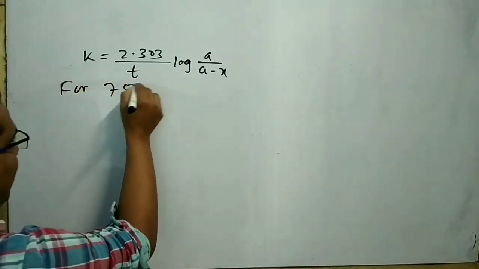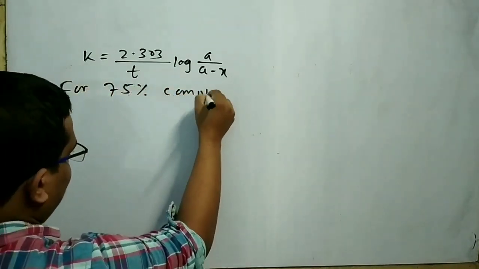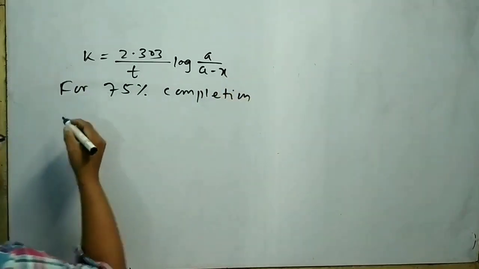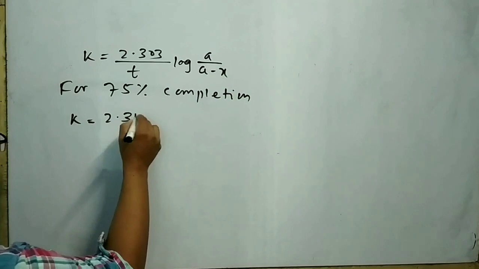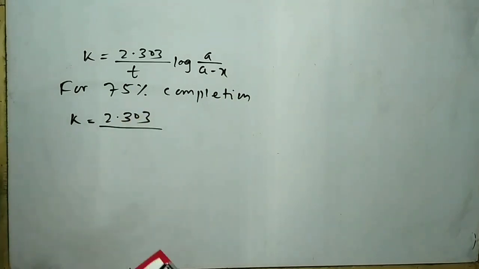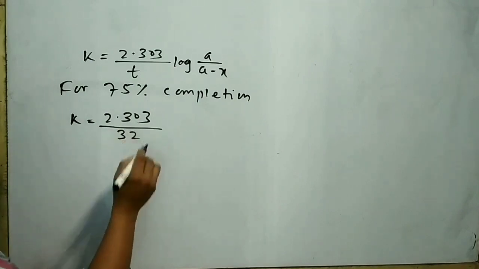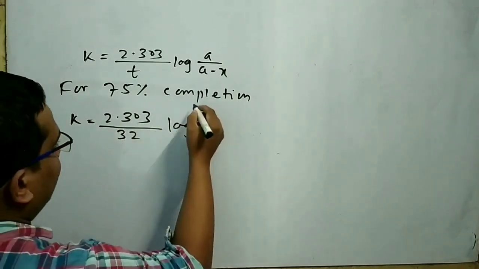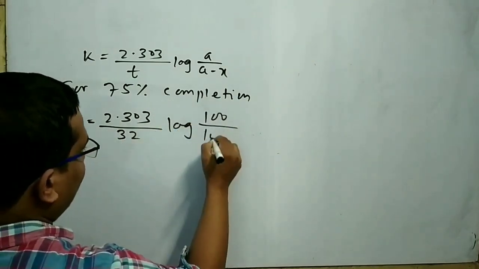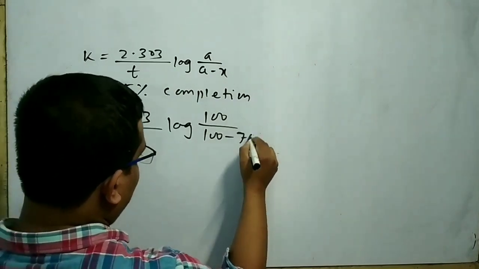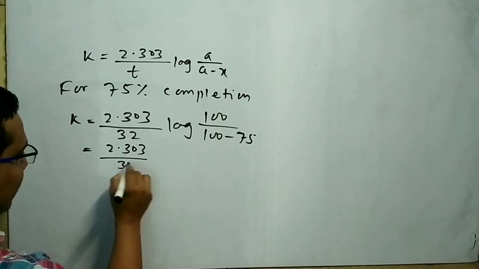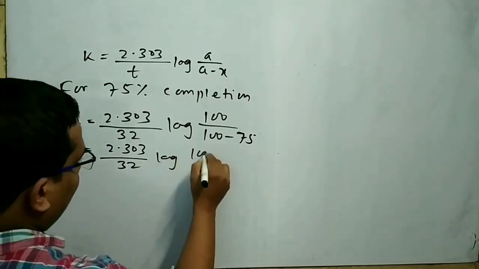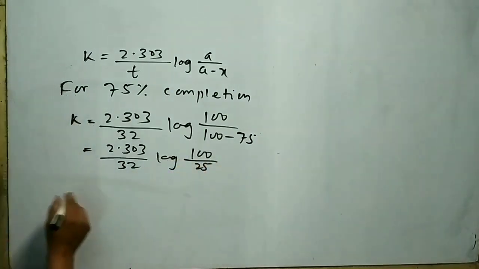For 75% completion, we can write K is equal to 2.303 divided by T. T means here 32 minutes, into log of 100 by 100 minus 75. That means we can write 2.303 divided by 32 log of 100 by 25.